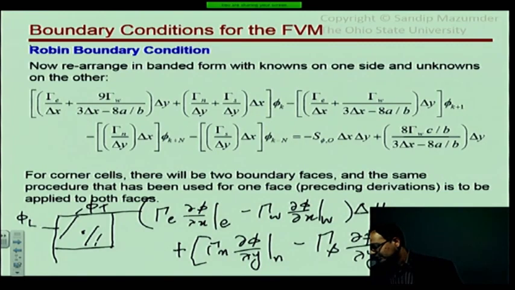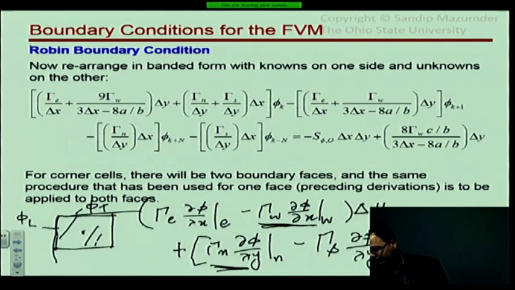This is what I had. So now you can see what I have to modify is this guy, because this is a western face of the control volume, and also what I have to modify is this guy, which is the northern face of the control volume.